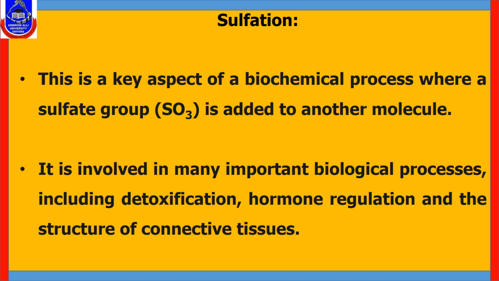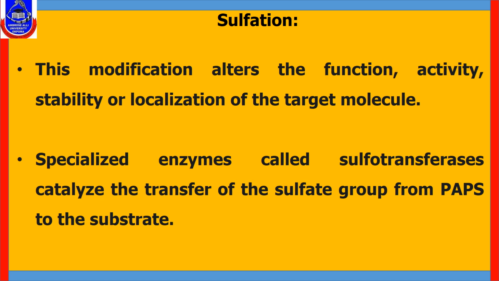It is involved in many parts of biochemical process, especially detoxification, hormone regulation, and the structure of connective tissues. Sulfation modifies the function, activity, stability, or localization of the target molecule. Specialized enzymes called sulfotransferases catalyze the transfer of the sulfate group from PAPS to the substrate.